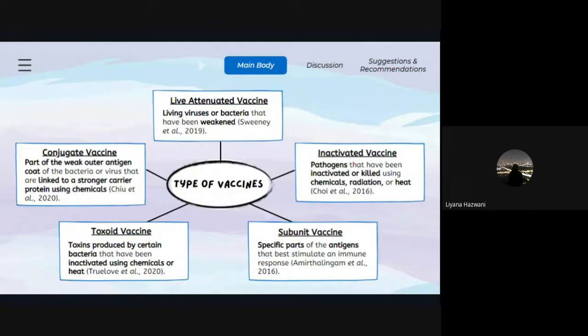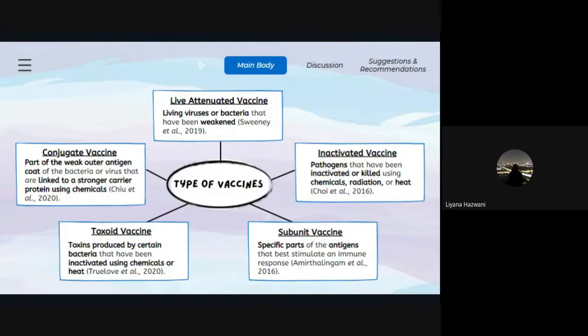Now I'm going to describe the types of vaccines. The first one is live attenuated vaccine. It is made from living viruses or bacteria that have been weakened. On the other side, inactivated vaccine uses pathogens that have been inactivated or killed using chemicals, radiation, or heat. Subunit vaccine uses specific parts of the antigens that best stimulate an immune response.